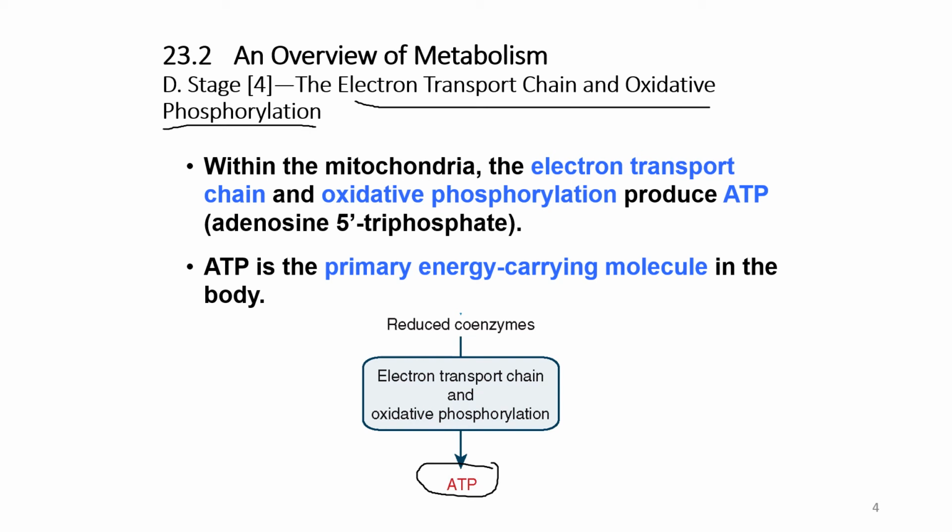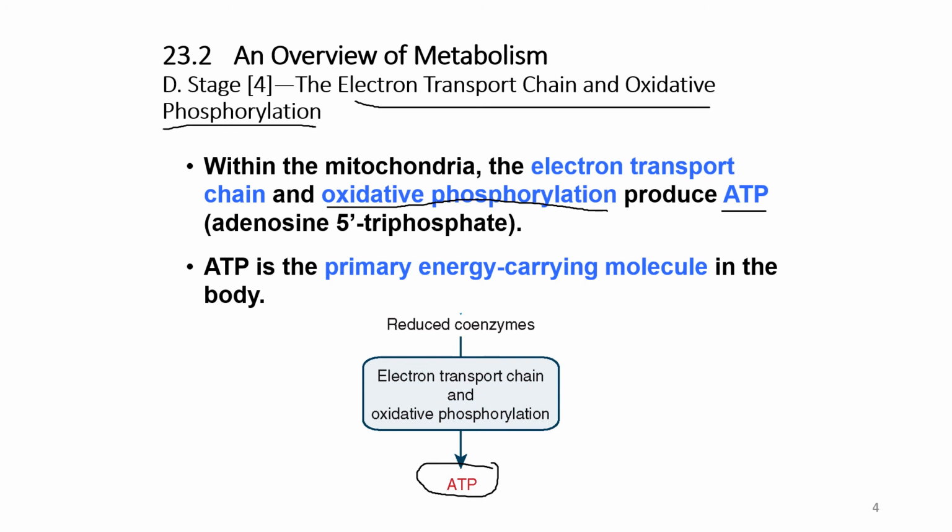The electron transport chain receives electrons and protons that are extracted from the previous two pathways, and oxidative phosphorylation is required to produce ATP. And ATP, again, is the primary energy carrying molecule in the body. Cells cannot function without ATP.